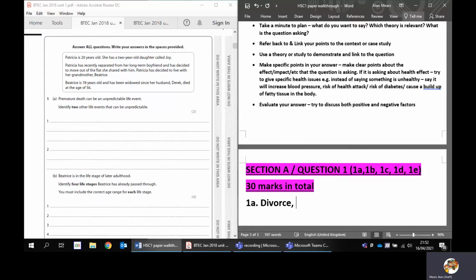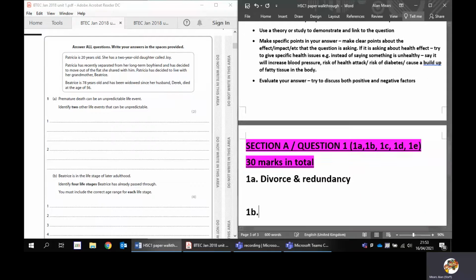Another unpredictable life event could be redundancy or loss of employment. Those are the 2 answers I'm going to put: divorce and redundancy. You could phrase it either way. Actually, I'm going to take a gamble and just put redundancy rather than loss of employment. There we go, so there's our 2 done.